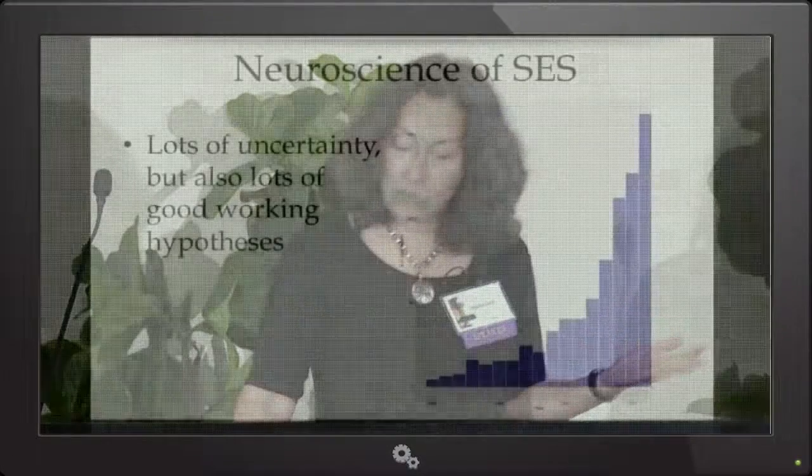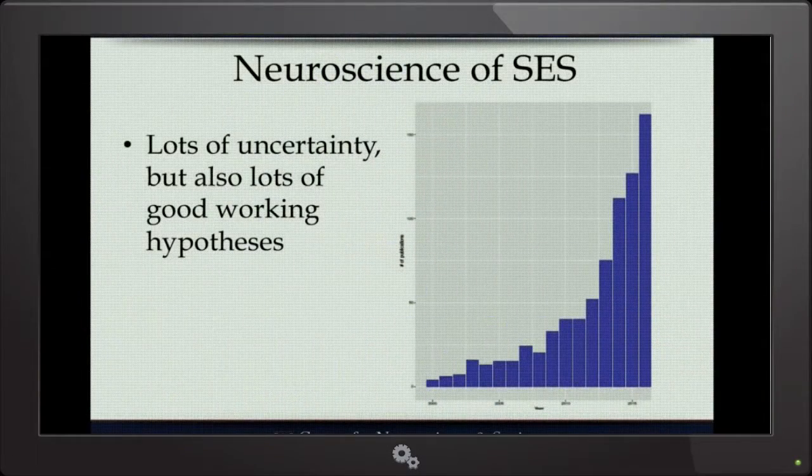Right now, what can we say about the field of the neuroscience of SES? I don't want to overstate the certainty of the conclusions that I have just sketched for you. We've all learned our lesson: replication is important, and you can have really pretty findings that make perfect sense and then discover maybe they're not true after all.